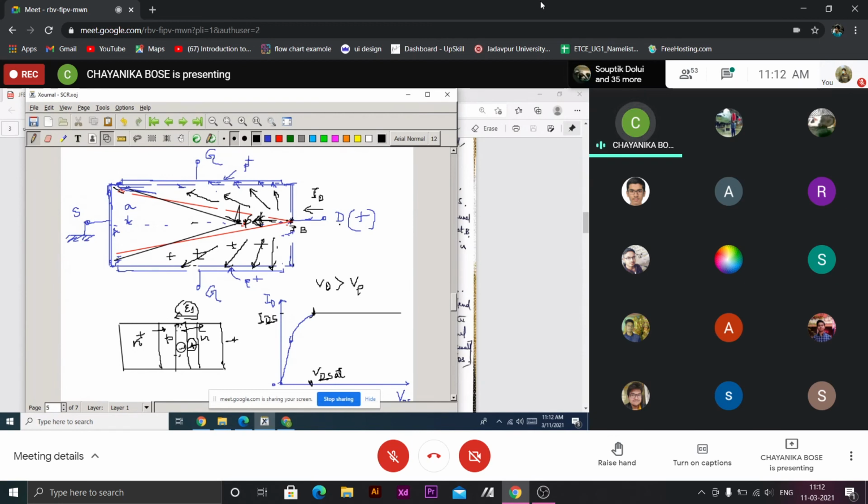As we increase the drain voltage, the Vp point, that means the pinch point, will shift towards the source end. Okay.